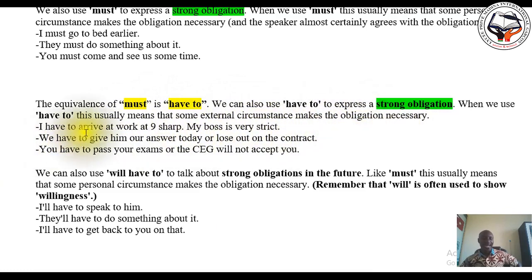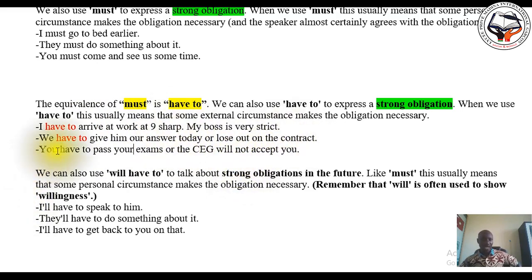I have to arrive at work at 9 sharp. My boss is very strict. We have to give him our answer today, or lose the contract.